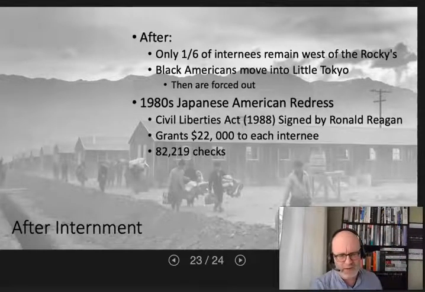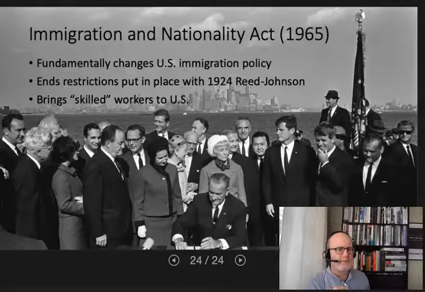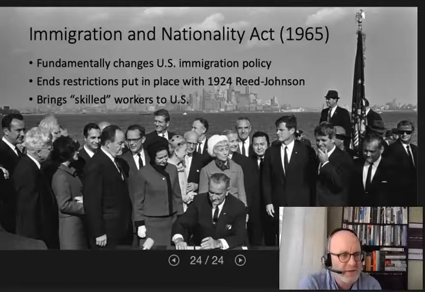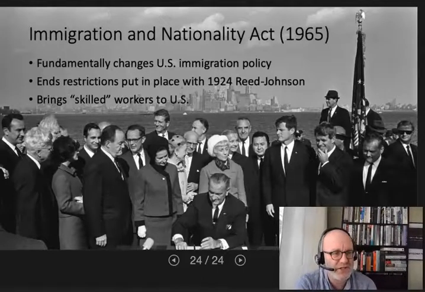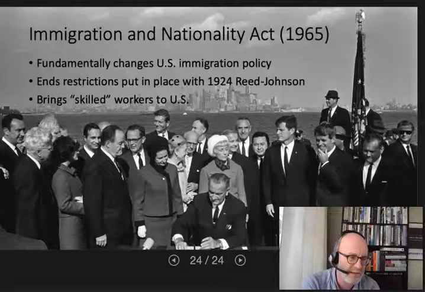They eventually get redressed in the 1980s via the Civil Liberties Act, which atones for and grants reparation for each surviving internee. Ending here on what is a high point in America, if you're not a nativist, a high point in American immigration history, the 1965 Immigration and Nationality Act. Turns out not allowing all these immigrants into the United States is not good for the economy.